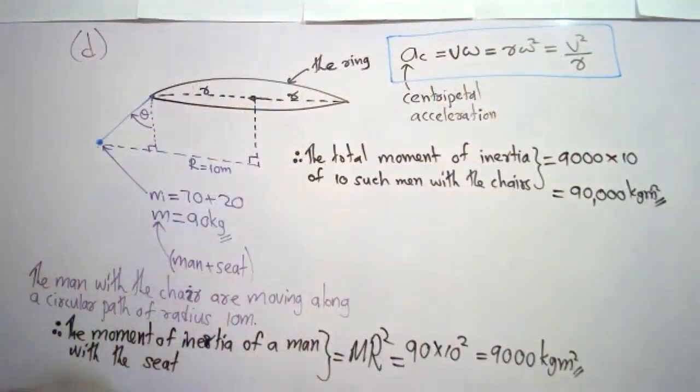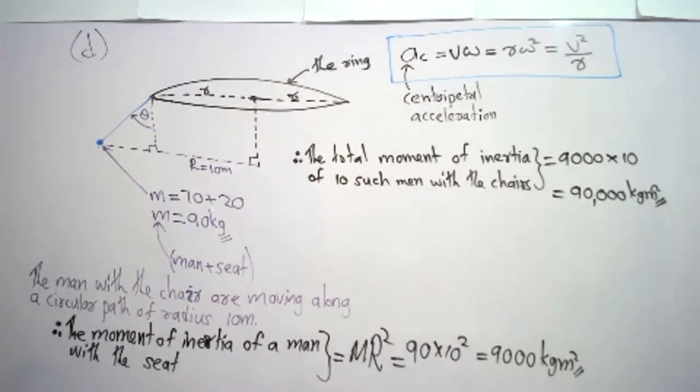Can somebody tell me the moment of inertia of the ring without the men and chairs there? 32,000. Right.